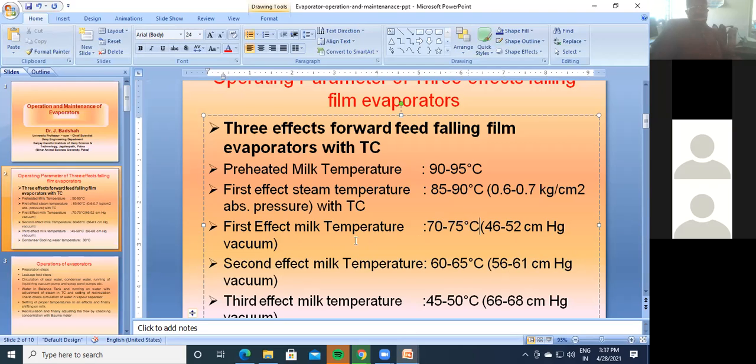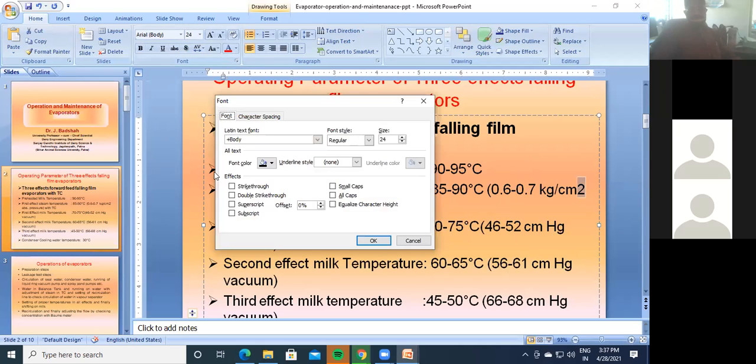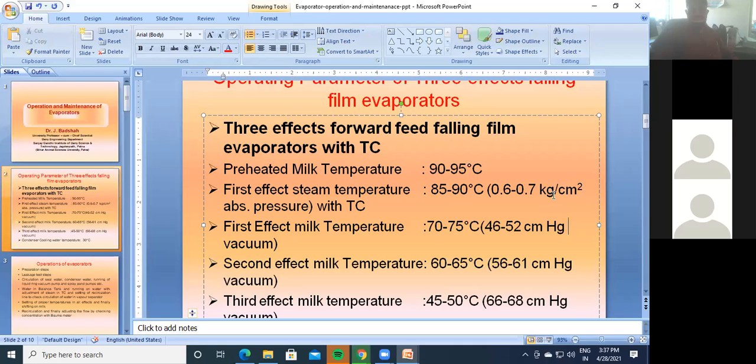In the jacket of the first effect, the temperature is 85 degrees centigrade with a steam pressure of about 0.6 to 0.7 kg per centimeter square. This kg per centimeter square is always written, but it is read as kg force per centimeter square.